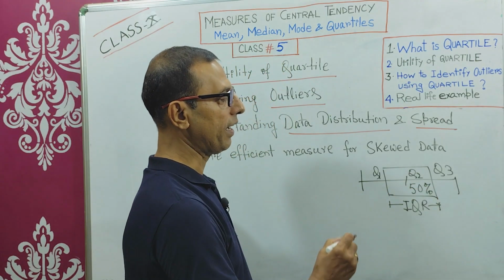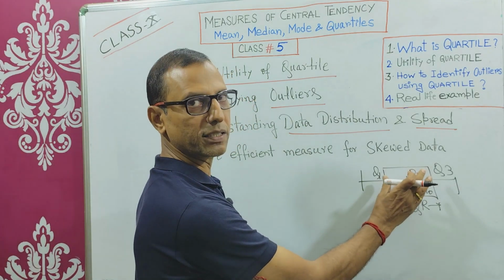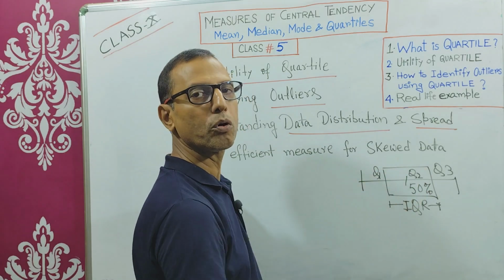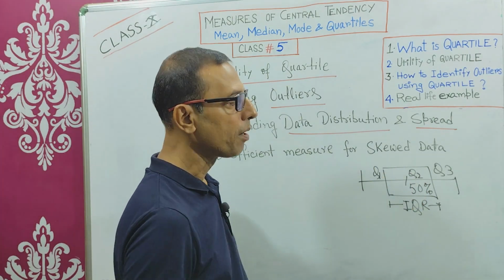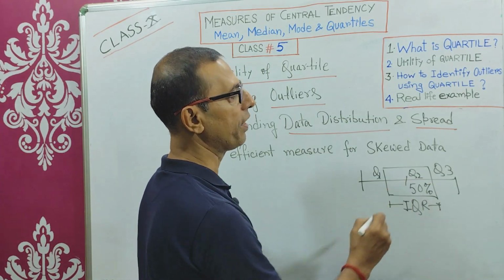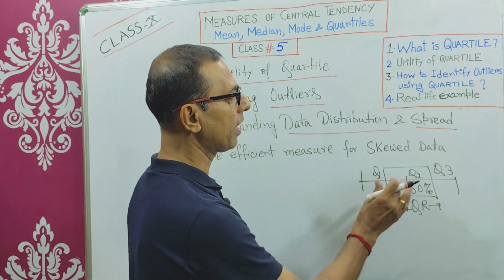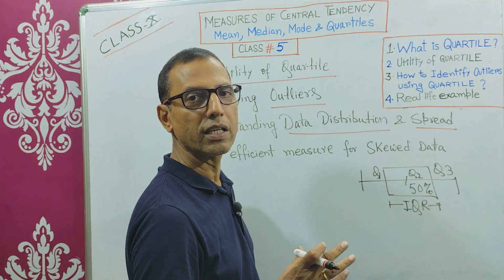So if IQR value is low, that means majority of the data set are nearby or most similar in nature. So those are consistent data. But if the IQR value is very high, that means the data variability is high. That means within the 50% data set also, there is a lot of variability.